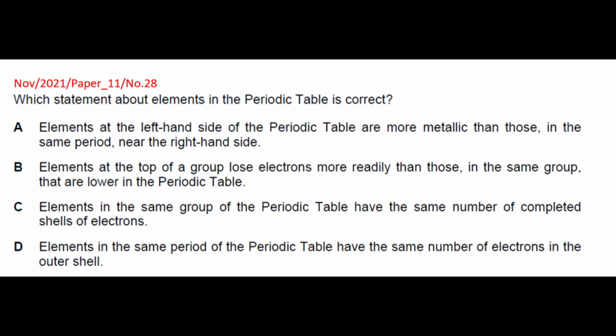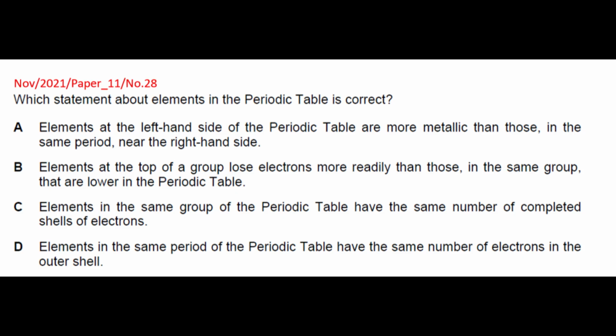When the atomic size increases, the outermost electrons go farther from the nucleus and the force of attraction decreases as we go down the group. So technically, the elements at the bottom of the group can easily lose electrons as compared to those at the top. The Bravo option says the other way around, so that is the wrong option.